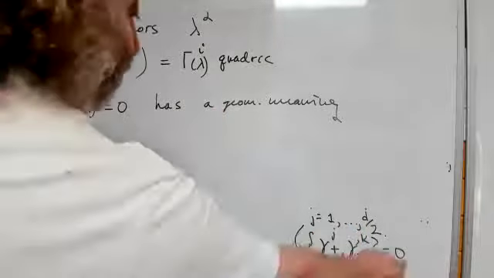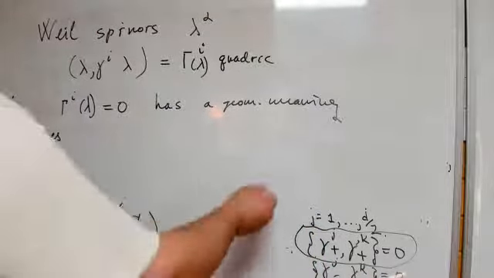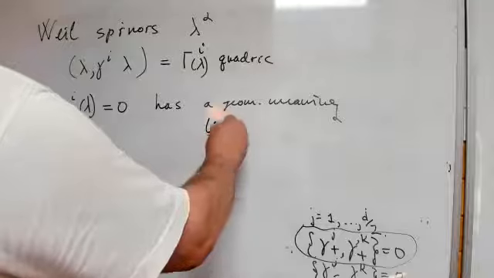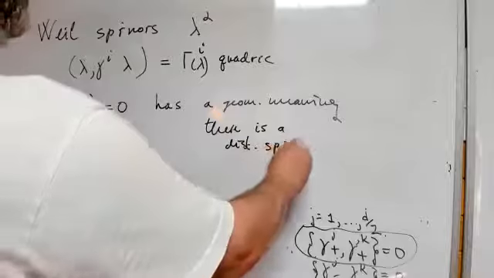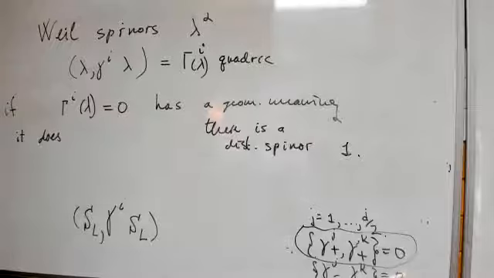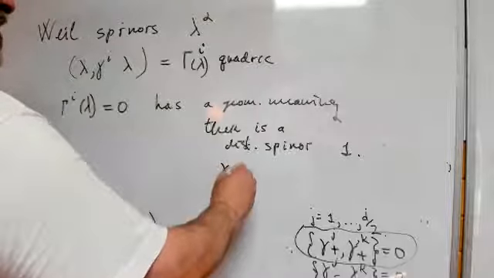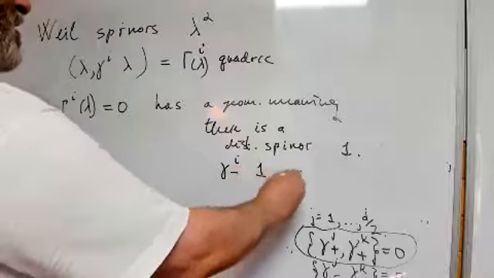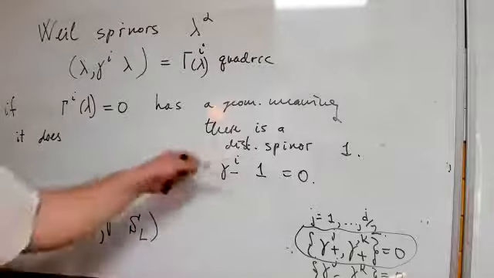In this particular representation, we see that there is a distinguished spinor 1. So it means that the set of all gamma i's acting on 1 give you 0. You may call it a vacuum. Now you may ask a question.